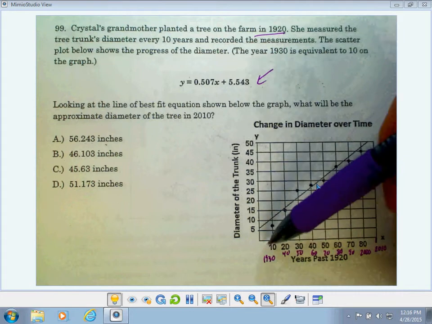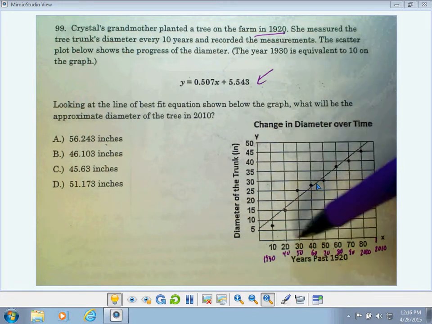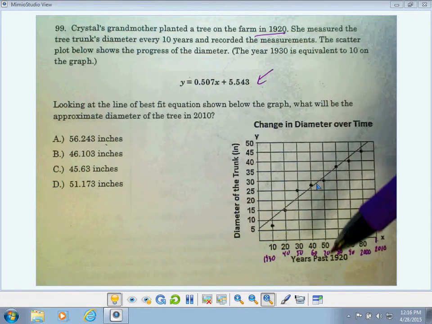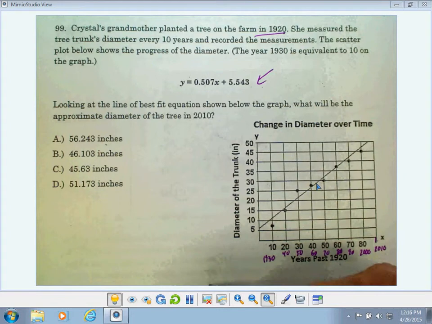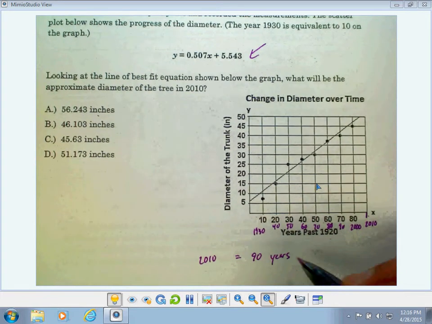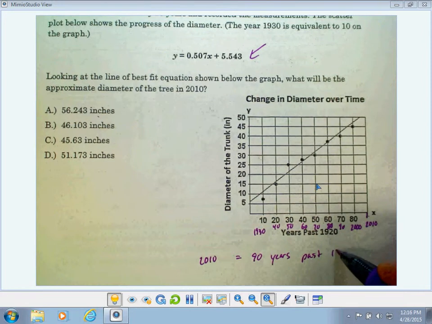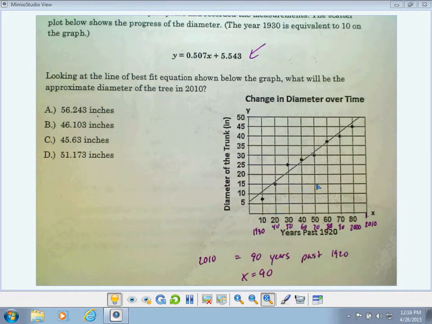Okay, so what we need to know is what number should we put in for x to figure that out. Well, remember, it's the number of years past 1920 that we need. So we're in 2010, and that would be the same as 90 years past 1920. So x would be 90 for our problem.